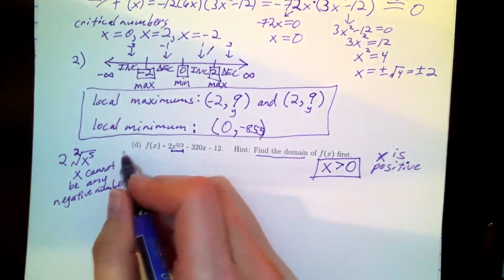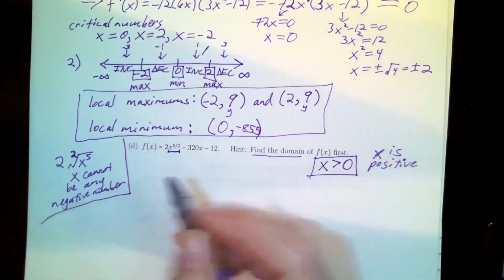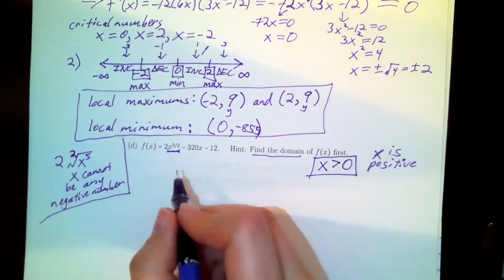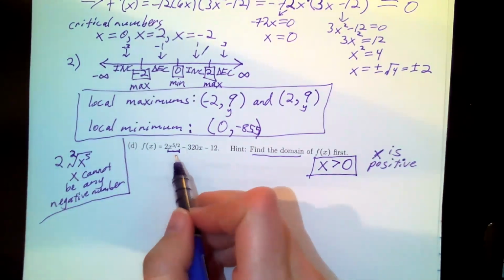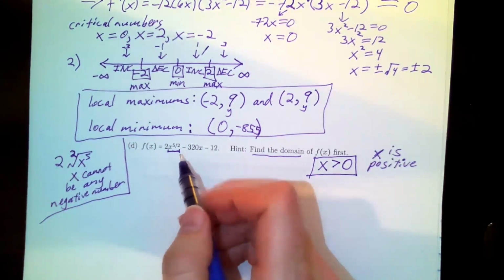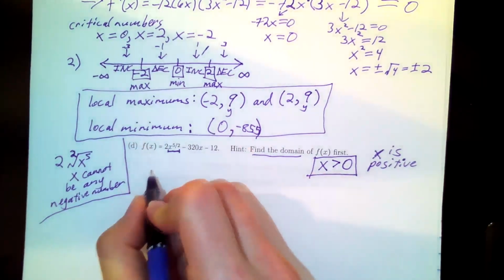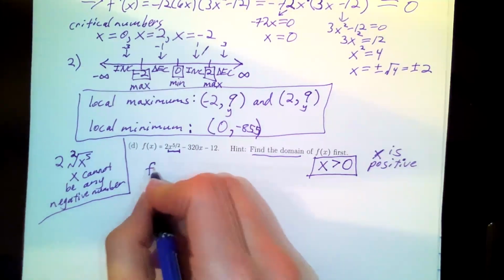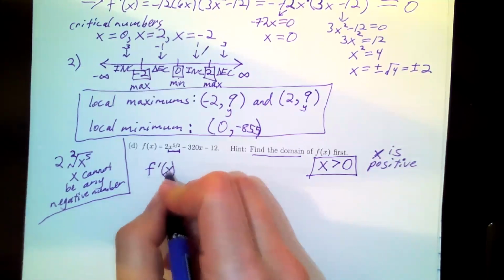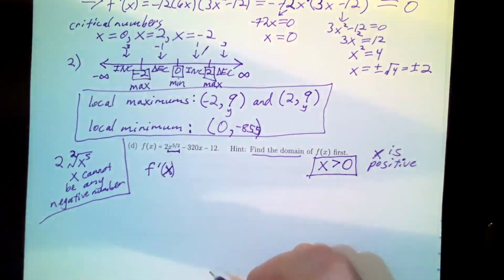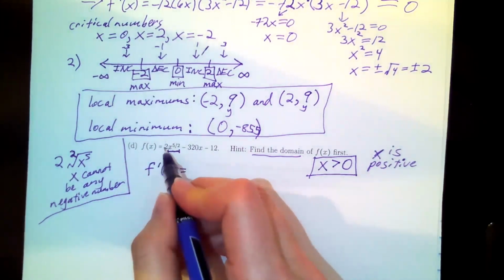Anyway, now that we've done that and we know what we're dealing with, let's get to the point, which is I want to find any local maximums and minimums of this thing, which means I have a familiar process ahead of me. I have to find the derivative of this thing and set it equal to 0 because I want critical numbers.